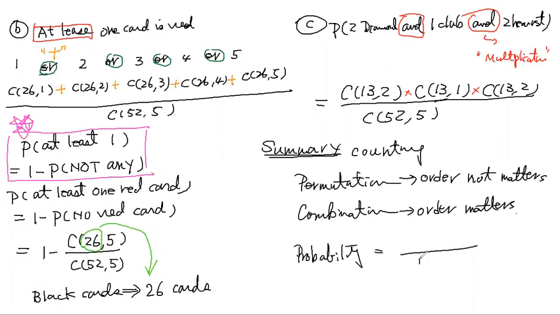You find the total number of the sample space and the total number of your events. How do you find them? You use the counting rules here, all right?